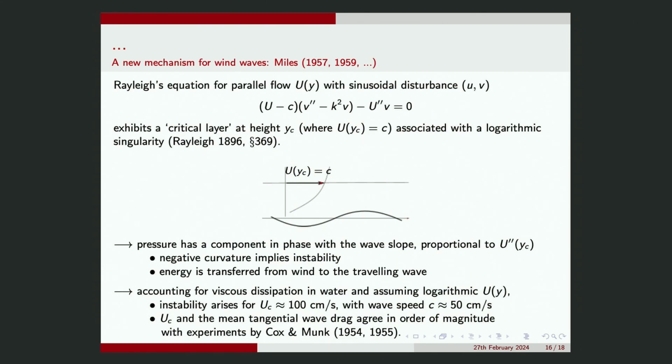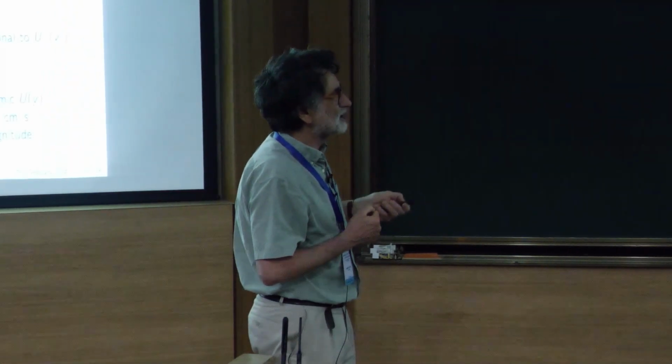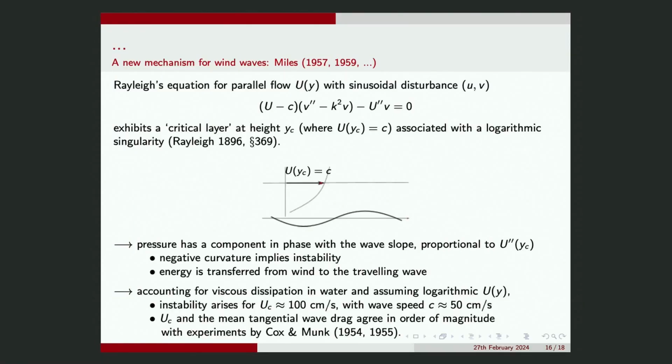And an important new mechanism was found in 1957 by Miles. But I think I have no time to explain this mechanism, which is an inviscid mechanism, based on the fact that there exists above the wave a critical layer where the air velocity is equal to the wave velocity.